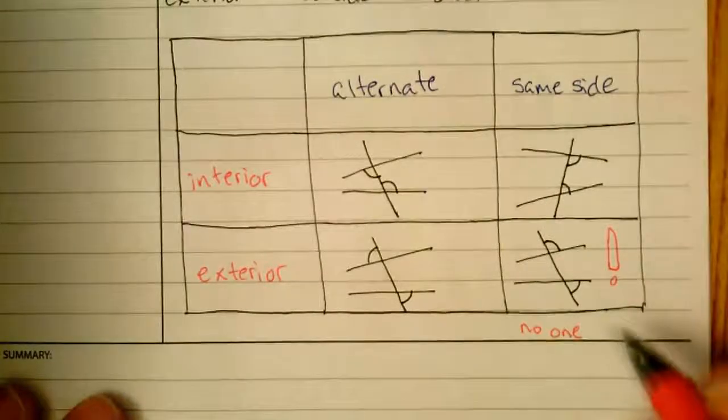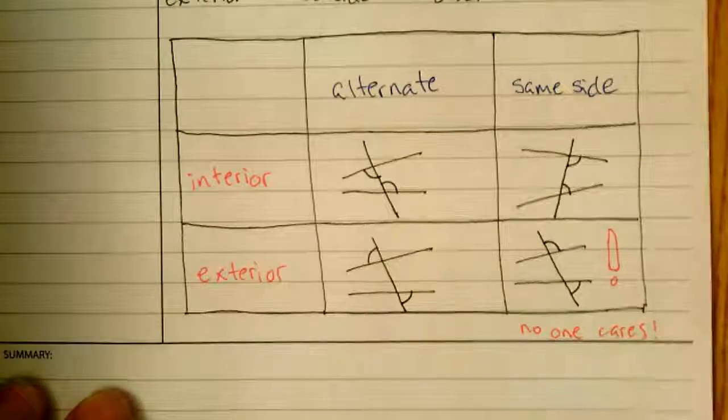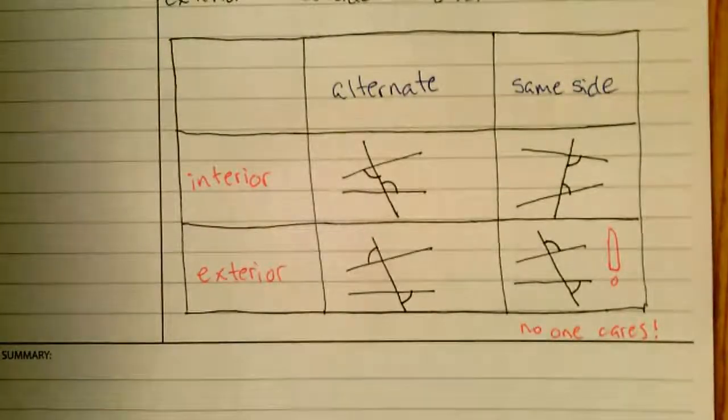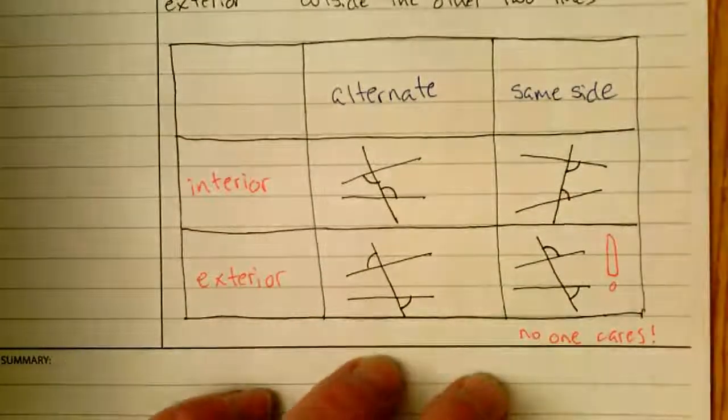No one cares. For whatever reason, nobody cares about this angle pair. I don't know. It never seems to come up. I guess you could call it same side exterior, but nobody cares. Okay. Also, same side interior.